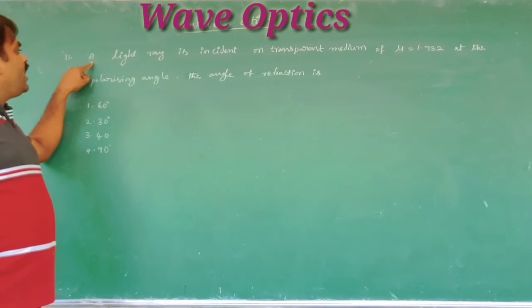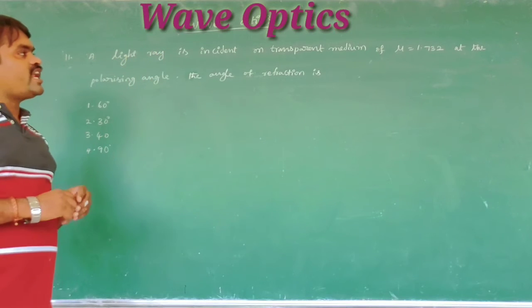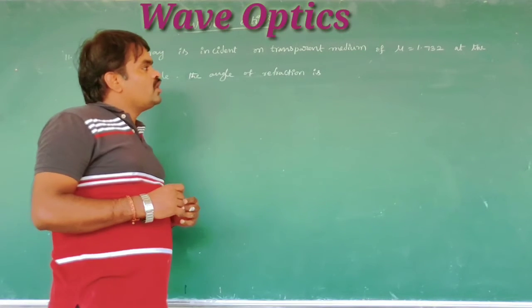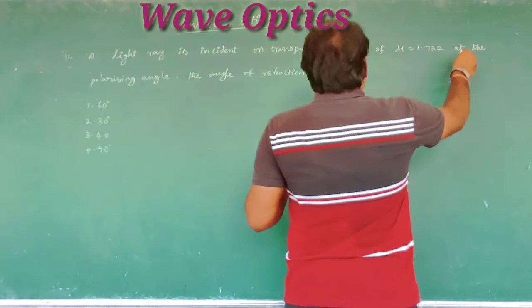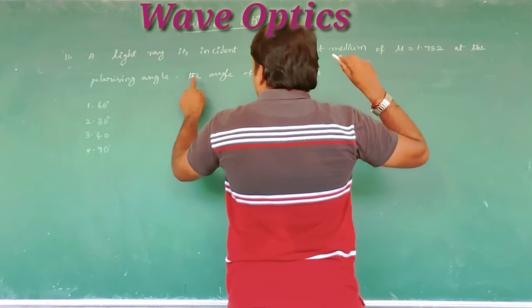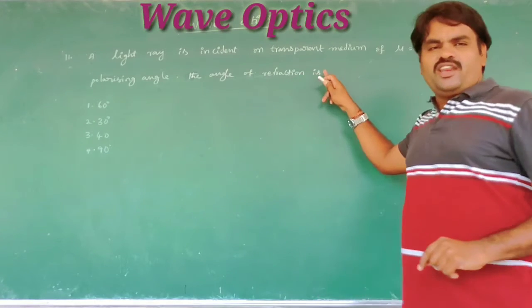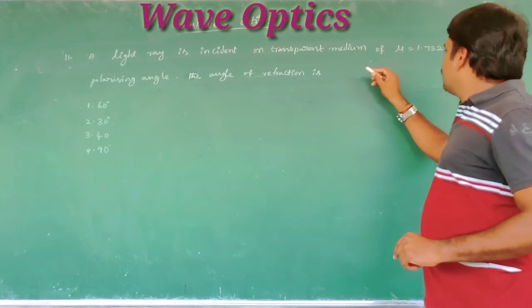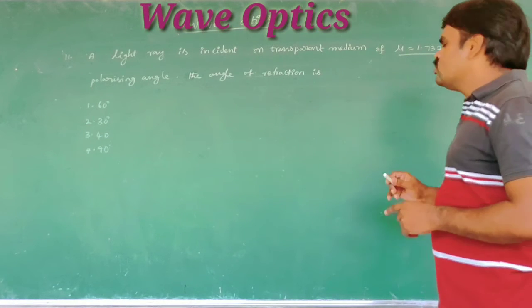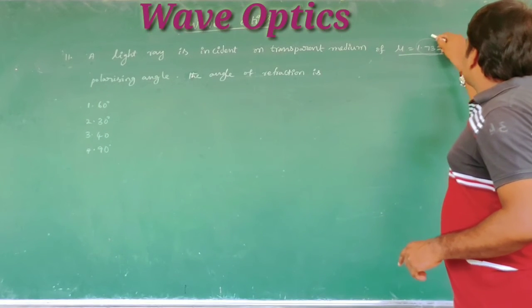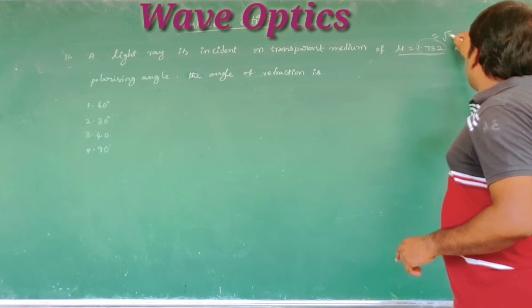11th one. A light ray is incident on a transparent medium of mu is equal to 1.732 at the polarizing angle. The angle of refraction is? Here the mu value they gave is 1.732. This value is root 3.